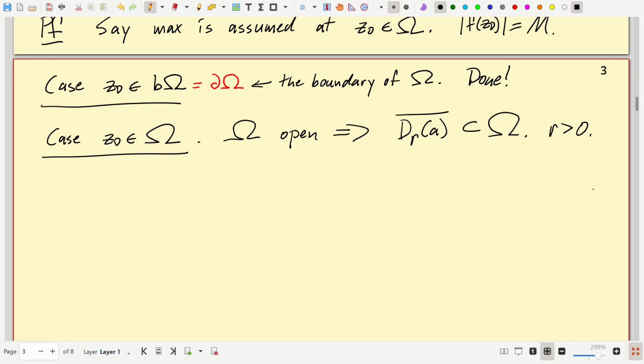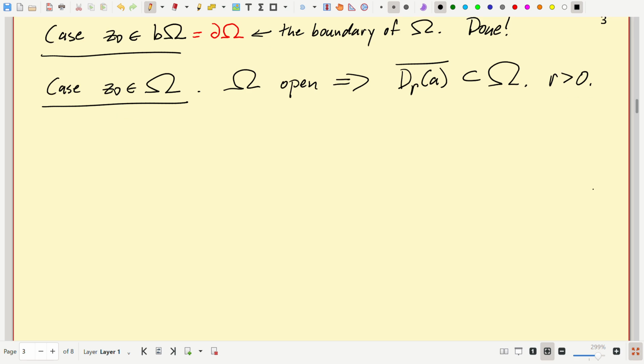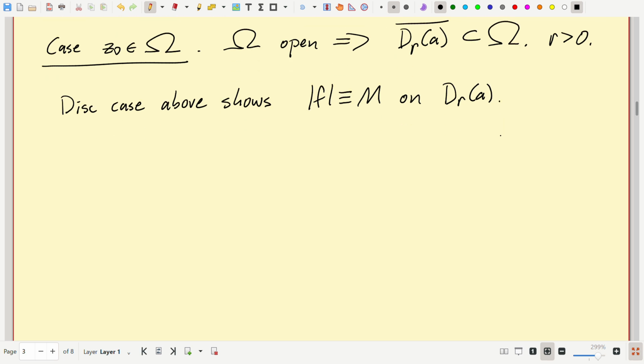And that means now that thing I did in the disk case above shows that f is identically equal to M on that disk. And now here's the topology argument.